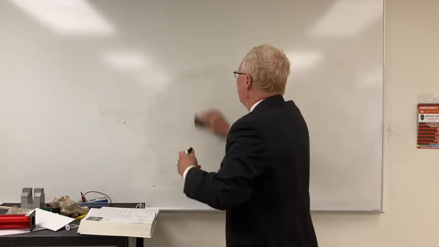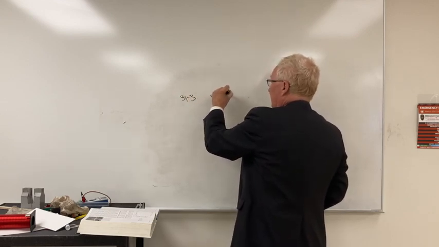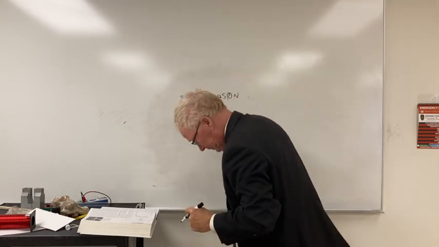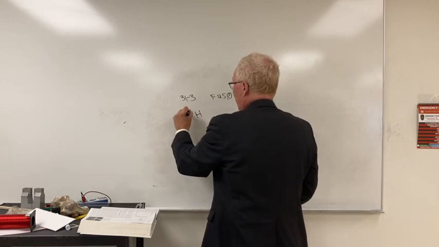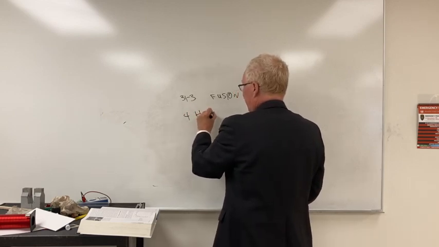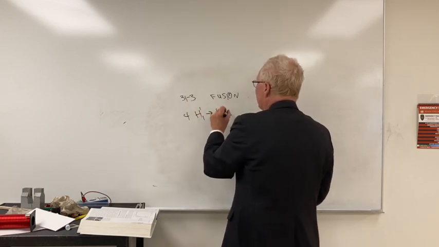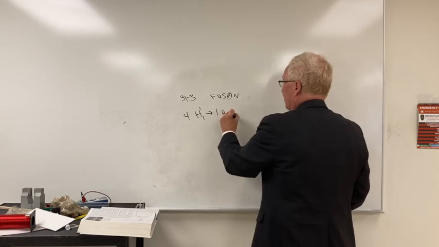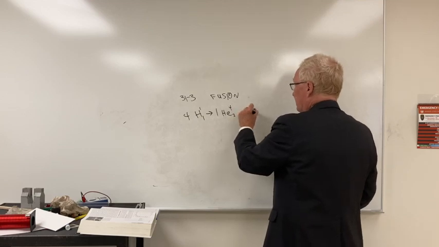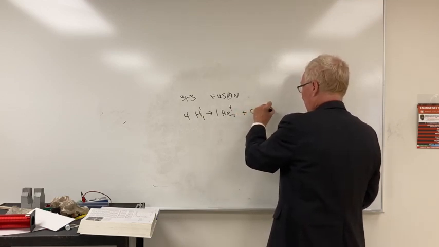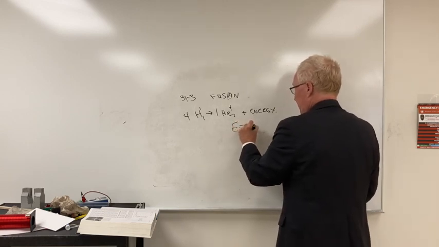Fusion, on the other hand, 31.3, fusion, roughly, you end up with 4 hydrogen combined to make 1 helium atom, which weighs, this weighs more than that, plus energy, depending exactly on the reaction, based on the principle of E equals mc squared.